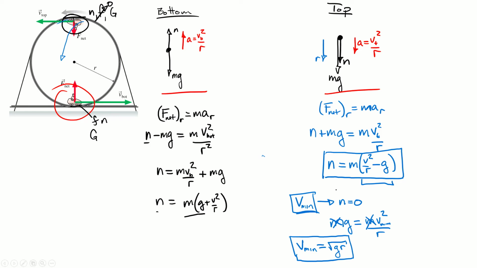If you've ever taken, this is kind of a neat trick, if you fill a cup with some water, and you hold it and spin it in a circle that goes upside down, you have to spin it at a certain speed. Otherwise, this water will fall out of the cup if you go too slow.